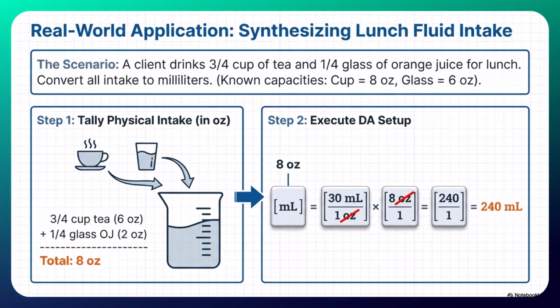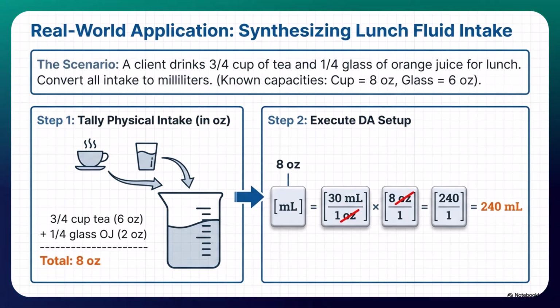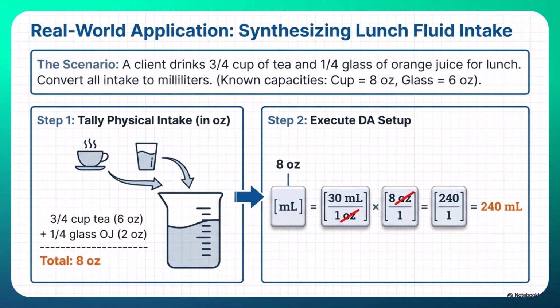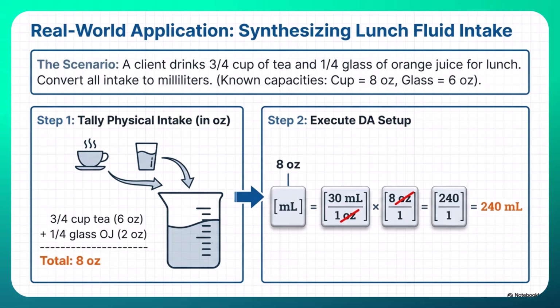So 30 mL is equal to 1 ounce, so that's my conversion factor. If I have ounces on the bottom of the first fraction, I must have ounces on the top of the second fraction. So that's in there. Cross out my ounces. Invisible 1 under that 8 ounce. All right, do your math. 30 times 8 is equal to 240. 1 times 1 is equal to 1. 240 divided by 1 equals 240 mLs. So that's what I can record for my patient's lunch intake.